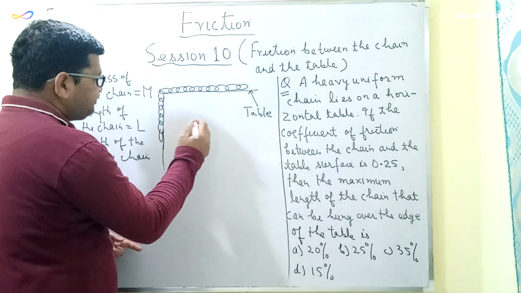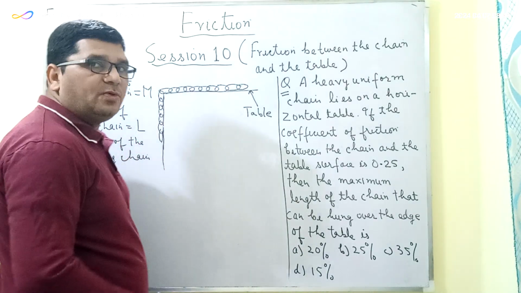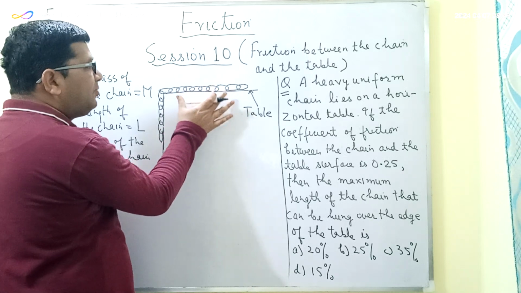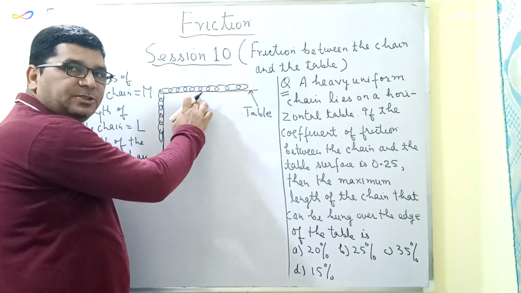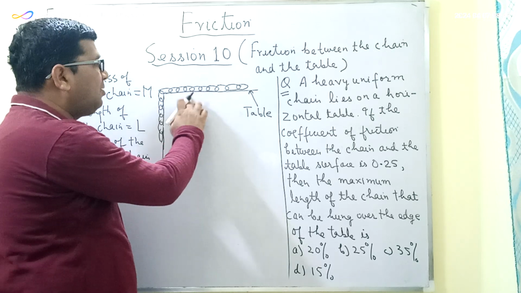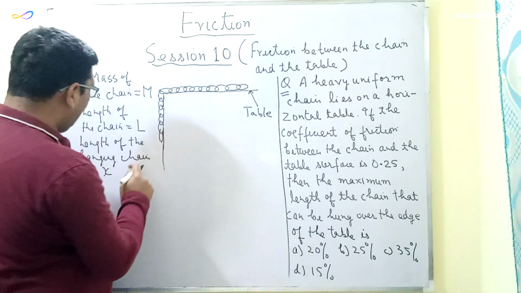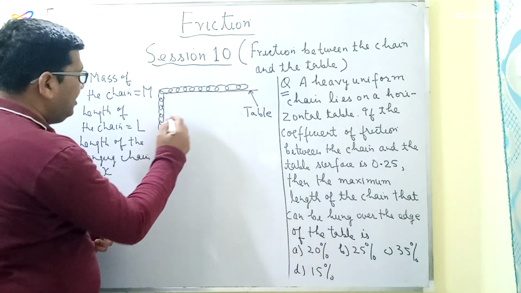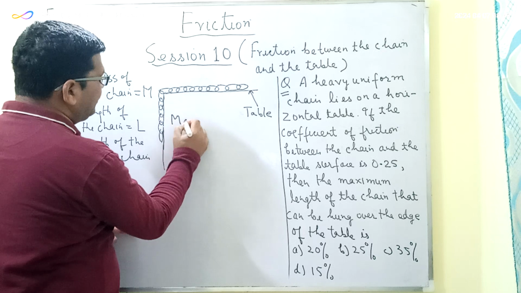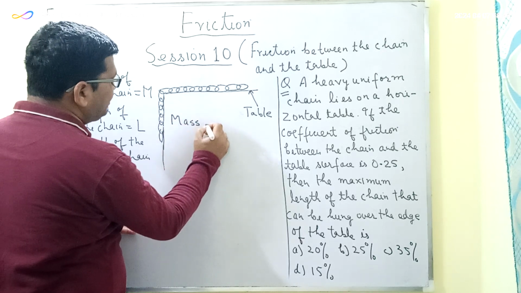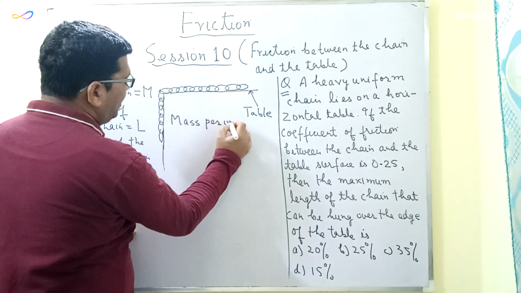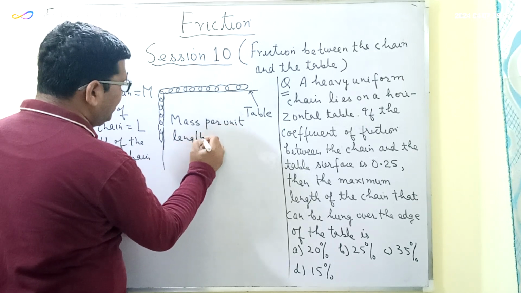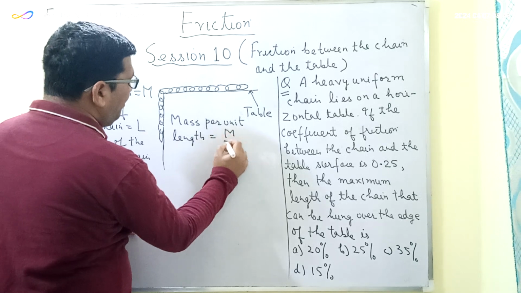So in order to find the force of friction, we will have to calculate the weight of the chain which is lying on this horizontal surface, or you can say on the table. So here, if the mass of the chain is M and the length of the chain is capital L, then the mass per unit length will be equal to M upon L.